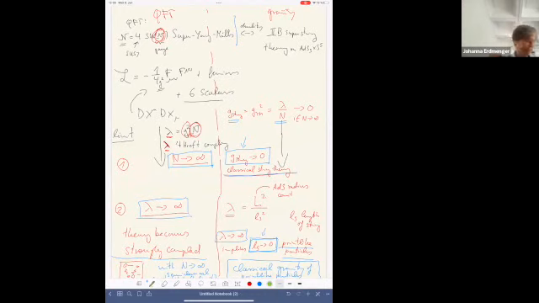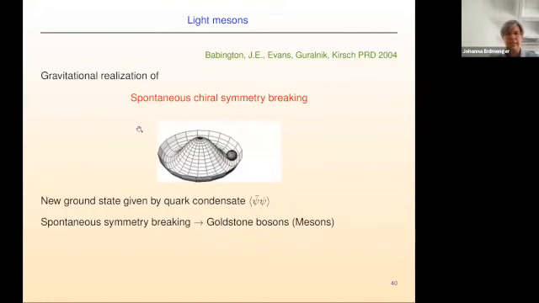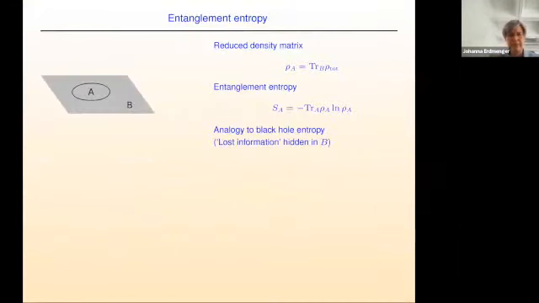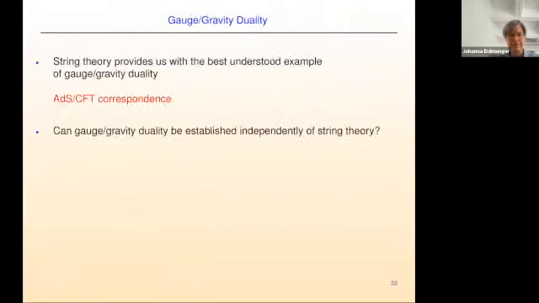So yesterday I was explaining this low energy limit. Let's go back to what we were doing yesterday.